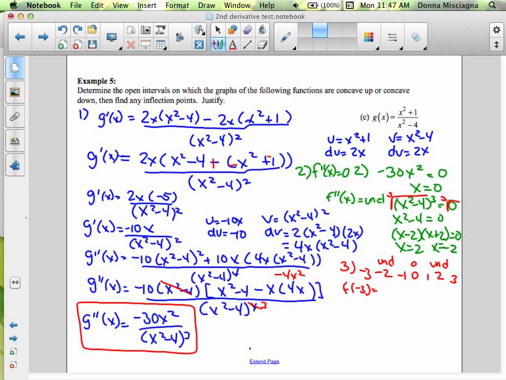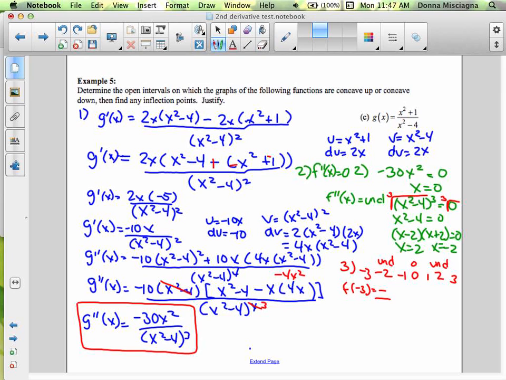In the numerator, if I plug in negative 3, that's negative 3 squared, which is 9, times negative 30, that's negative 270. So that's negative in the numerator. We didn't even have to write down the 270; we could just write down the negative. How about the denominator?